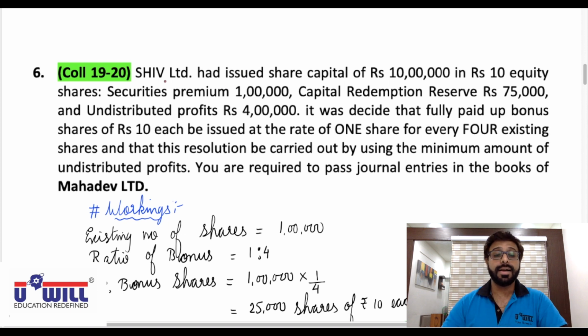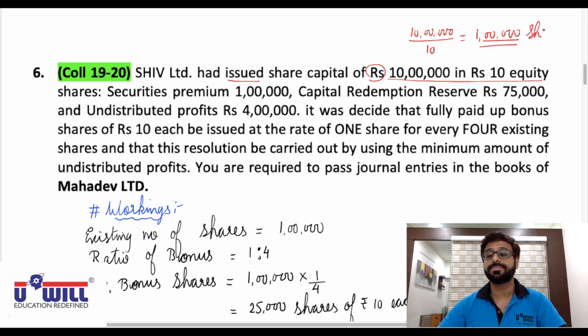Okay. Shiv Limited had issued share capital of rupees 10 lakhs in rupees 10 equity shares. So we discussed it in the previous question also. 10 lakhs divided by 10, how many equity shares would be there? 1 lakh equity shares would be there.